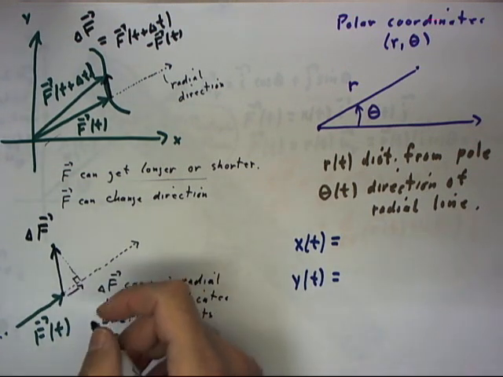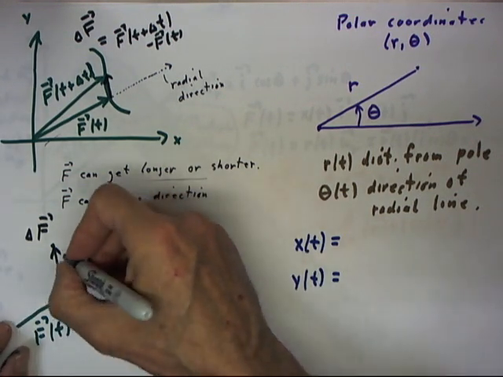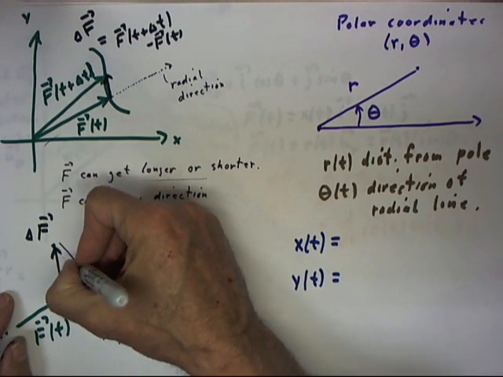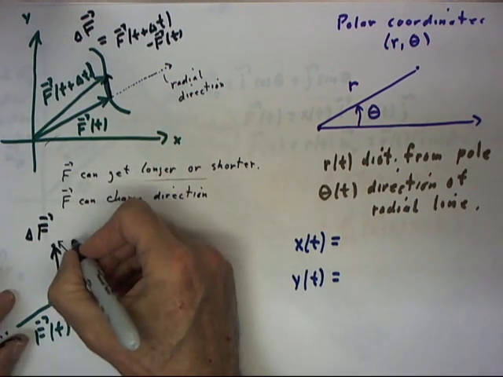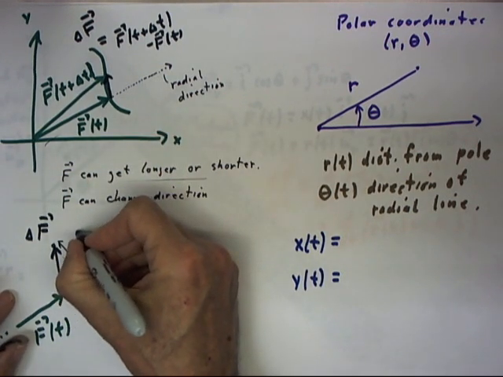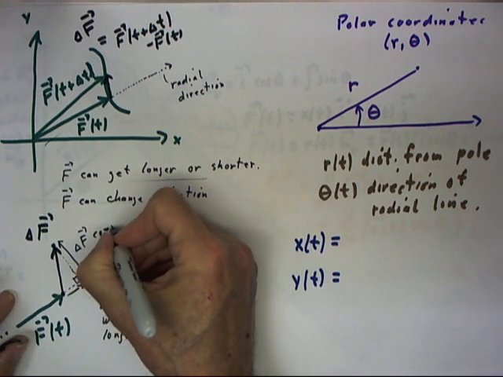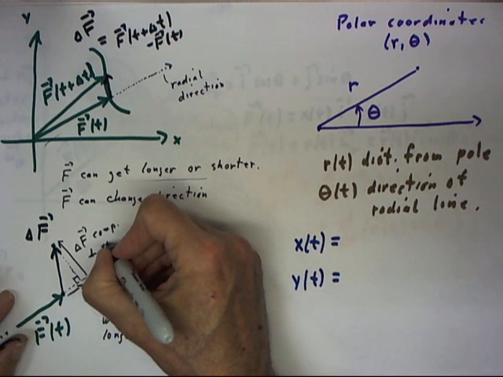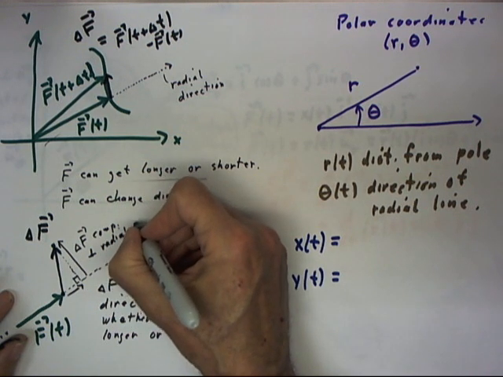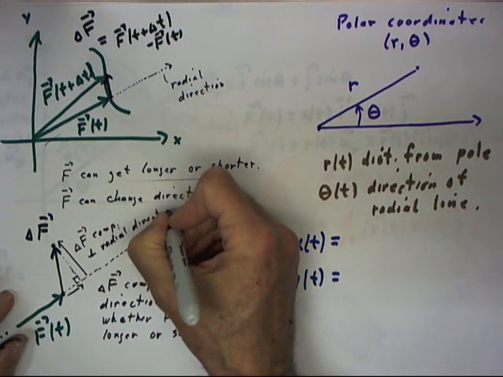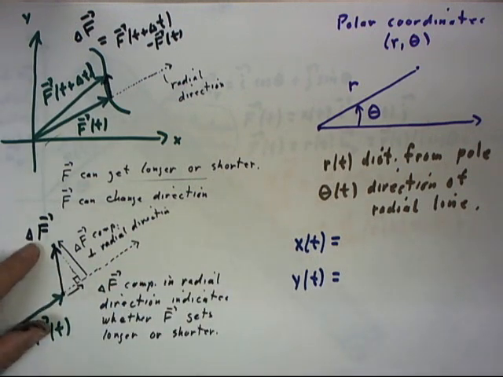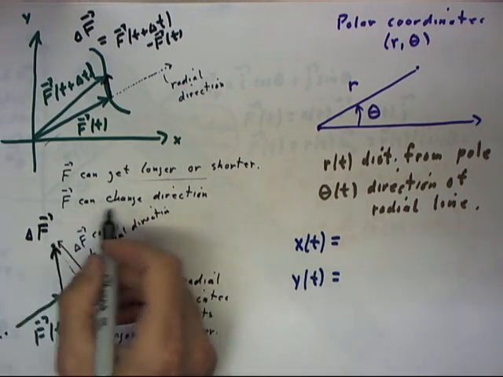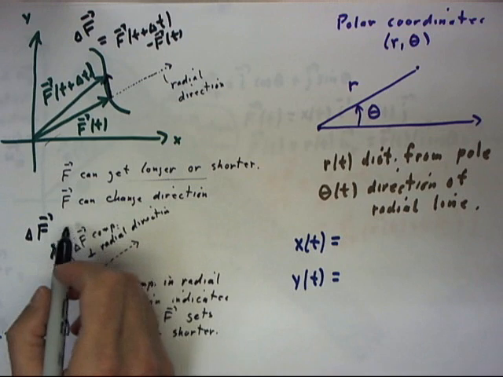Now we also have the component of delta f perpendicular to the radial direction. And this occurs when f changes direction.